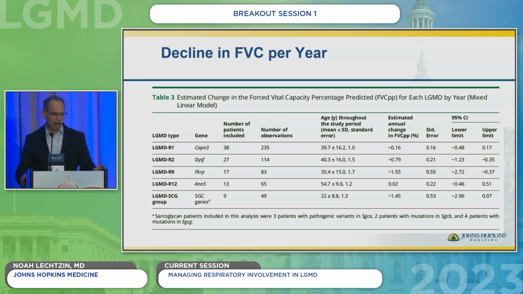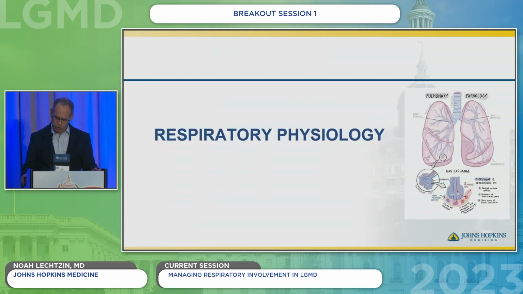Those patients, on average, lost 1.5% of their vital capacity each year, whereas the R12, over the course of the study, that column there says 0.002. Essentially, their lung function didn't change over the course of the study. So just, again, showing the importance of knowing the genetic subtypes and understanding the differences, how some have more respiratory muscle impairment than others, but even within each one, there's a spectrum.